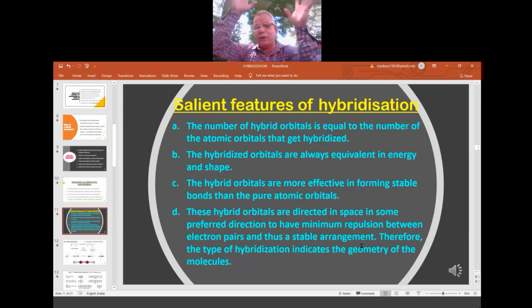A stable shape is made, and that is the shape of a particular molecule. Therefore, the type of hybridization indicates the geometry of the molecules. By knowing the type of hybridization, we can tell this is the shape it is going to have. A lot of work is done in this area, so once we come to know the hybridization, we can tell this is this shape only. That we learn in the next sessions.